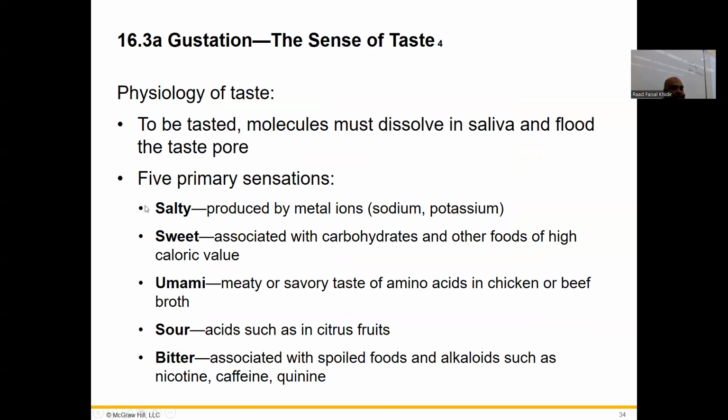Salty sensation, and that is the electrolyte. You know, electrolytes are important. We discussed that we want a fixed homeostatic range of electrolytes. We have a certain amount of calcium, a certain amount of sodium, a certain amount of potassium.